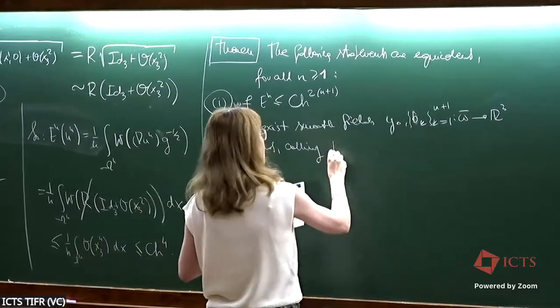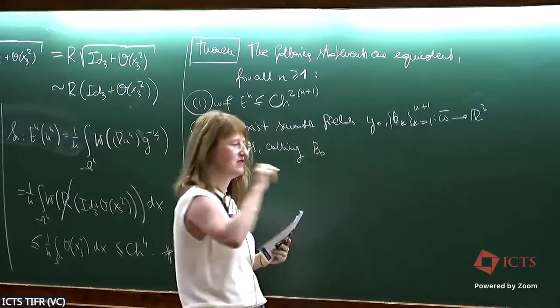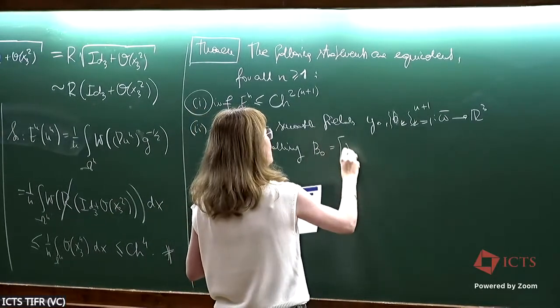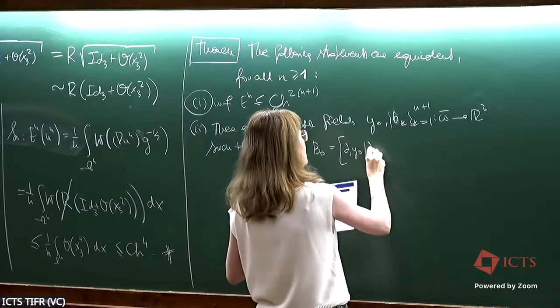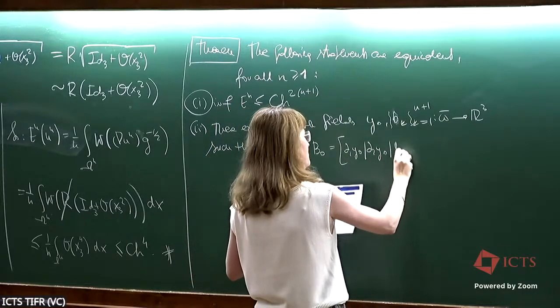So first I have B0. B0 is my old friend. B0 is D1 Y0, D2 Y0, and then B1.